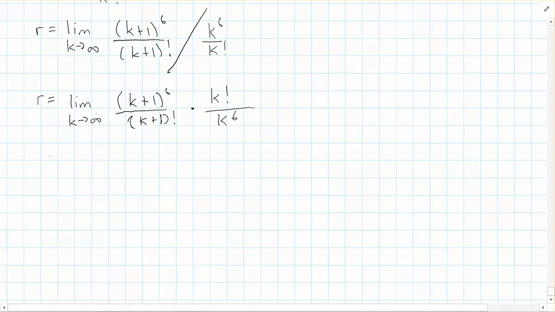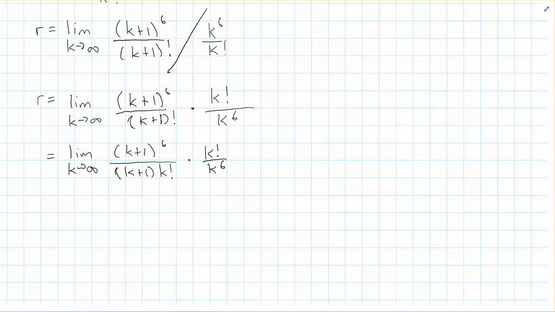Now I'm going to simplify my factorial. So I've got (k plus 1)^6 over k plus 1 times k factorial, and then this is multiplied by k factorial over k^6.